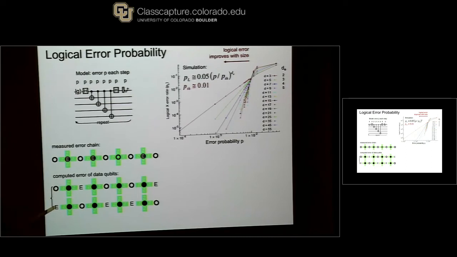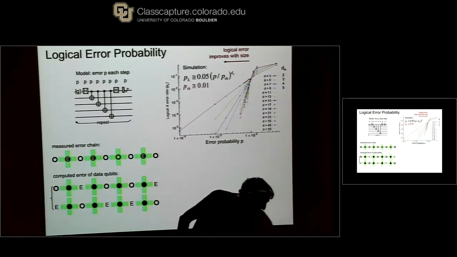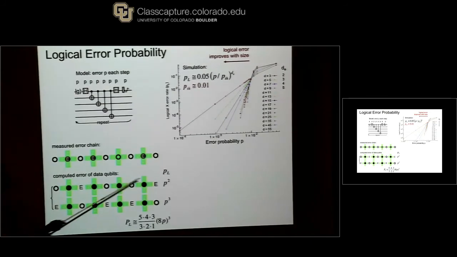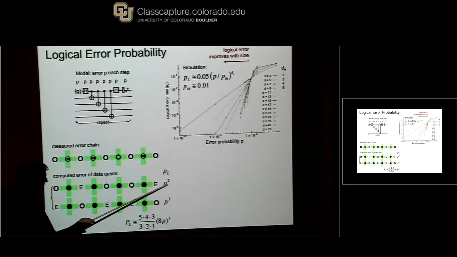But if you happen to get this one, which is a higher order error, less probability, you're going to think it was this and you're going to screw up. You're going to get a complement error. So what's the probability of this happening? The logical probability is p squared. The logical probability is p cubed.